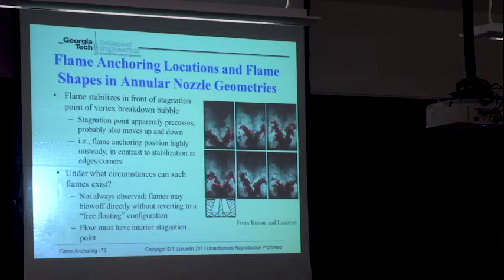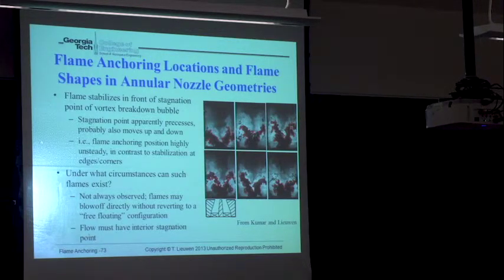What that means is the whole flow is spinning around, but the instantaneous center line of the flow is not the geometric center line, but it's off center. So the whole flow is spinning around some point that's off center, and then that point is actually precessing around. And so when you have aerodynamically stabilized flames stabilized in the interior of the flow, that flame stabilization point is not going to be a nice, well-behaved, fixed point.